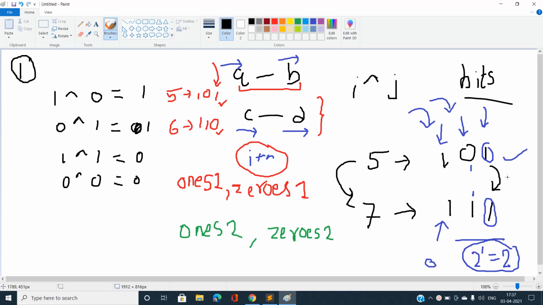So I should use this bit and this bit, that is, the number of numbers whose ith bit position is 1 in the range A to B, and the number of numbers in the range C to D whose ith bit position is 0. If these are multiplied, then we will have the total number of contributions for the ith bit. And similarly, zeros 1 and ones 2 also.